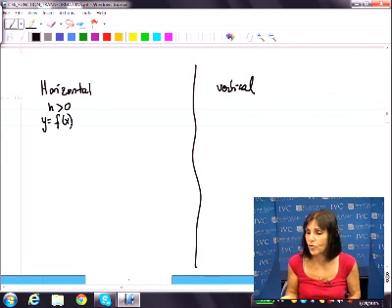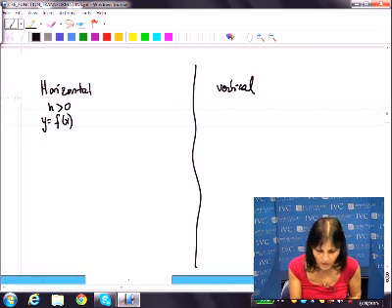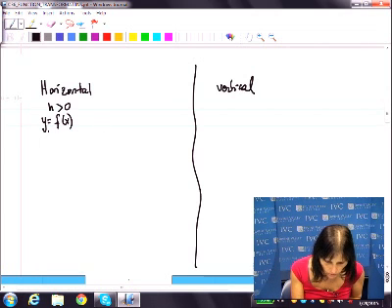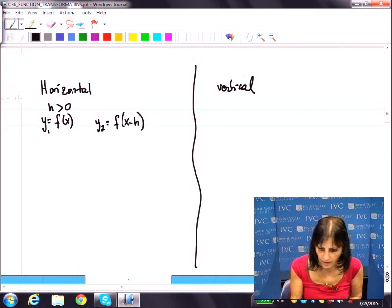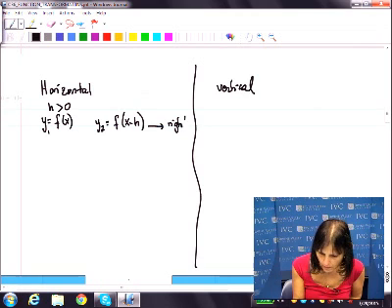When I want to translate that horizontally, let's call this y1, what I do to it is I take this h and subtract it from the x. And that is going to move the function to the right. If I do this, it's going to move the function to the left.